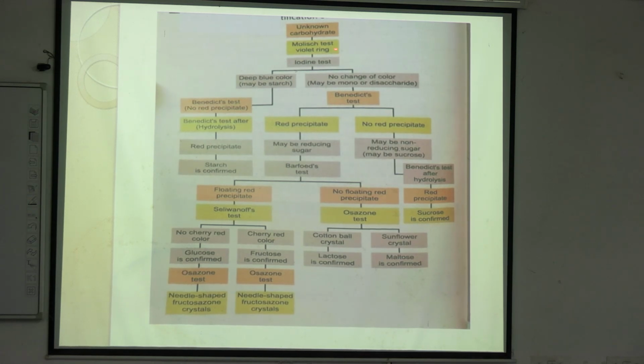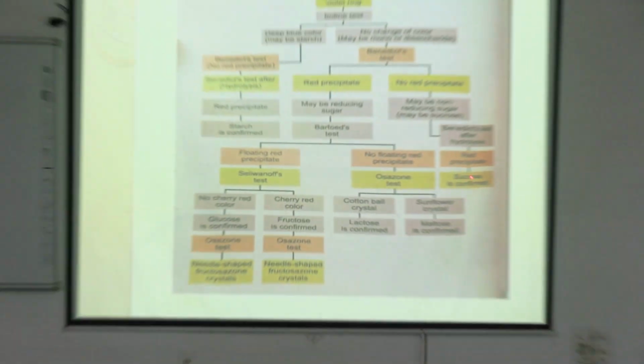Next, if there is no color change in iodine test, we will look for reducing property. So by Benedict's, we can differentiate reducing and non-reducing. So all other monosaccharides and disaccharides come under reducing group. Only sucrose is non-reducing. So the only molecule that will be giving negative will be sucrose.